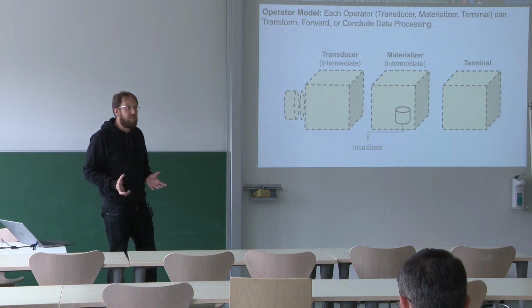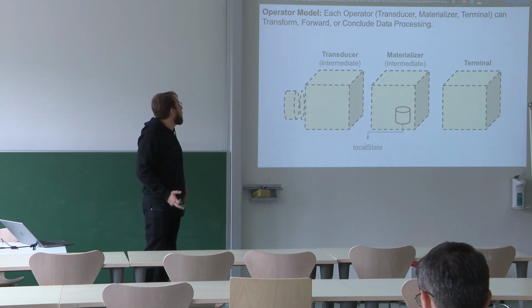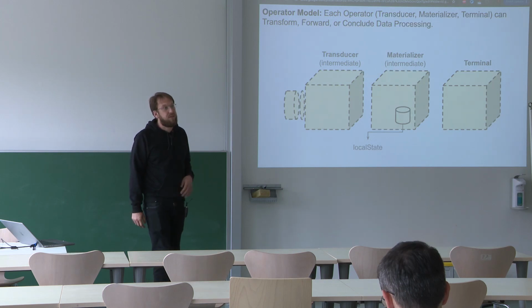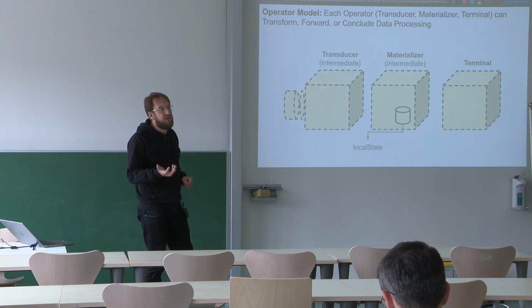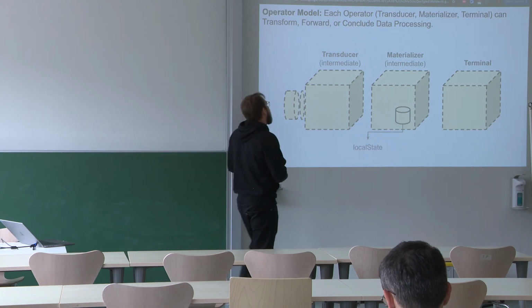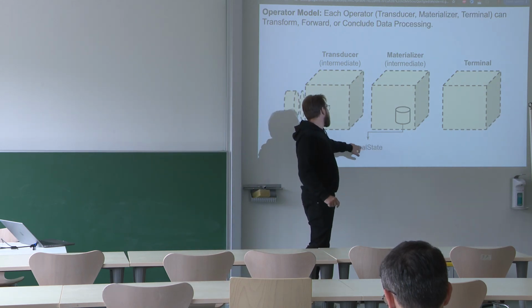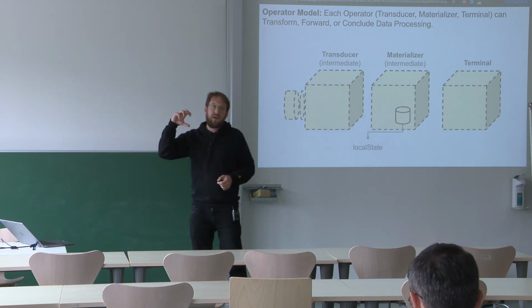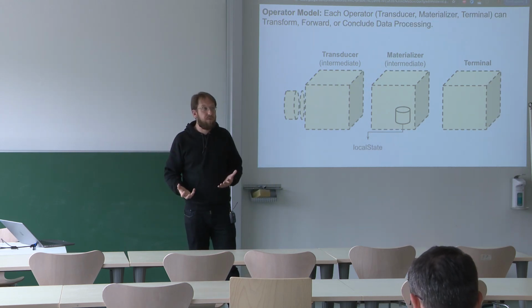And this could, for example, be something like a map, which is probably a good example for that, right? So making an integer to a string, things like that. They are materializers, also intermediate operators, that have a local state that you can actually access from the outside. Imagine something like a sort, for example, right?